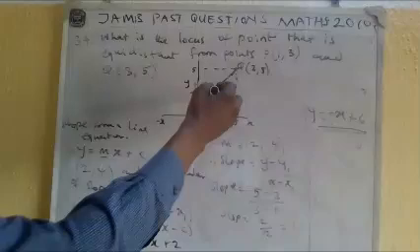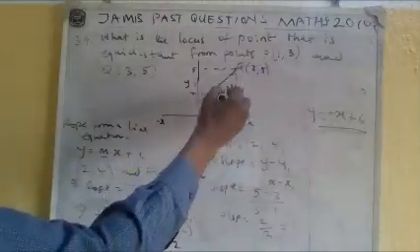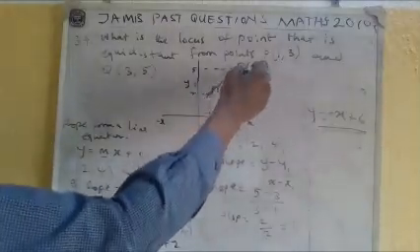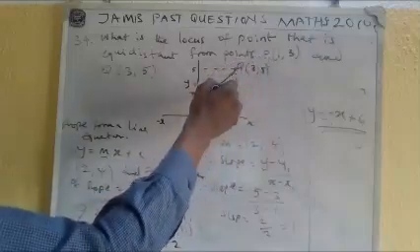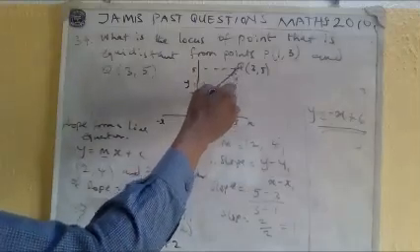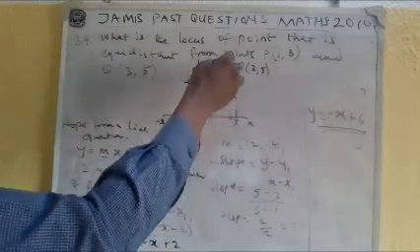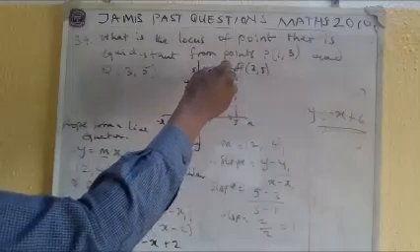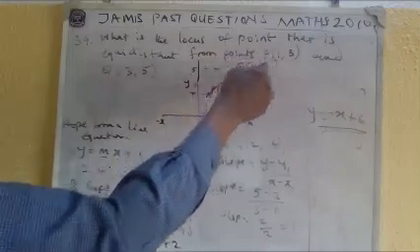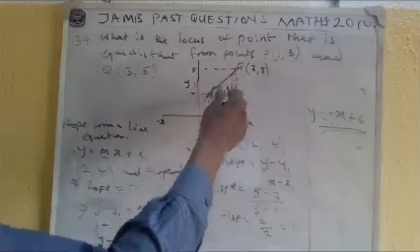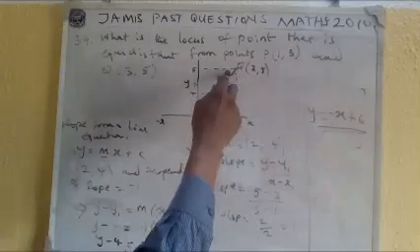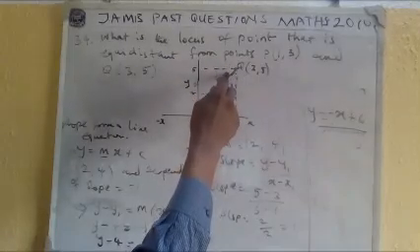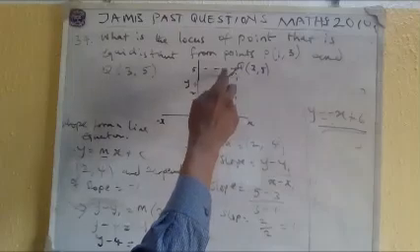Find the midpoint, the mid of x. 3 plus 1 is 4 divided by 2. That is the x coordinate of the midpoint. Then 5 plus 3 is 8 divided by 2, which is 4. 4 is the y component of the midpoint. So we have 2 and 4 as midpoint.